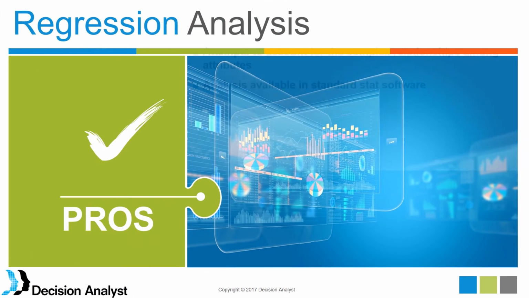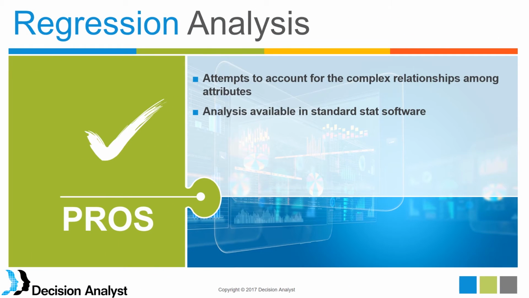And there are advantages to regression. So it does attempt to account for that complex relationship among the attributes through a modeling framework. This approach is superior to correlation analysis for that reason, and from a theoretical point of view, that market performance is explained simultaneously by many attributes, which just even face validity would tell us this method's going to work better.